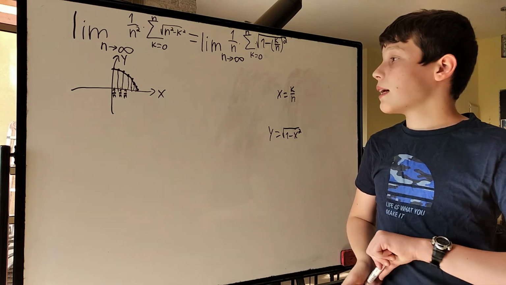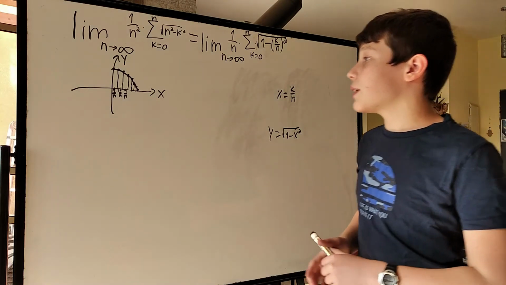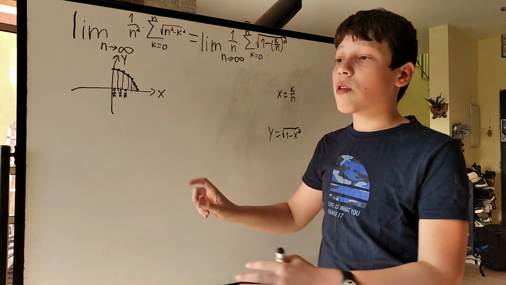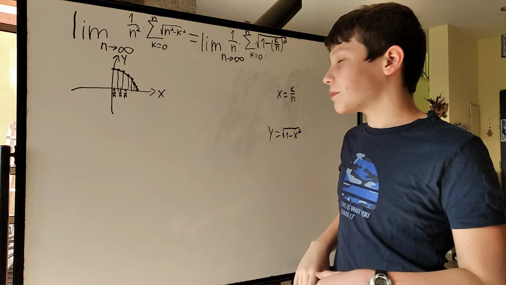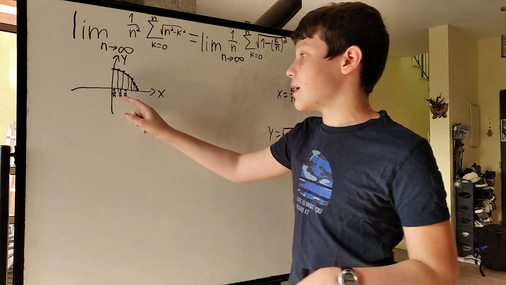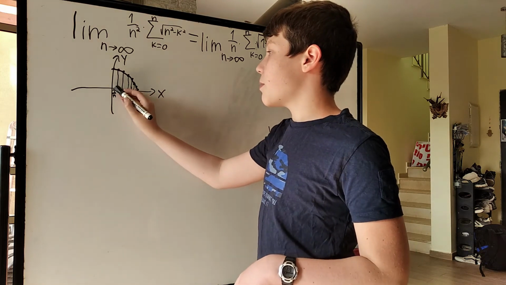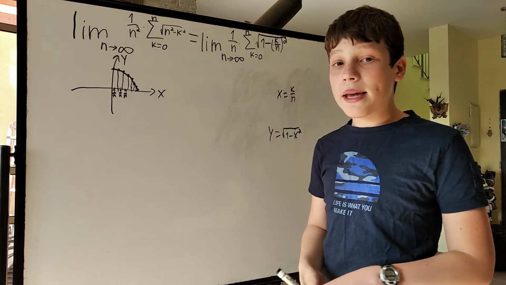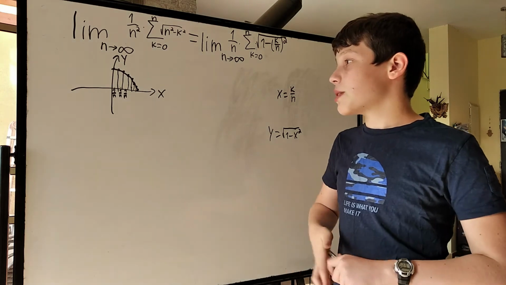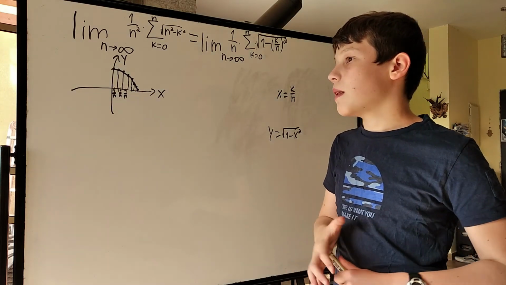And this is exactly what happens here. As n approaches infinity, we have more and more lines that each two consecutives together with this part and this part approach to make a rectangle.